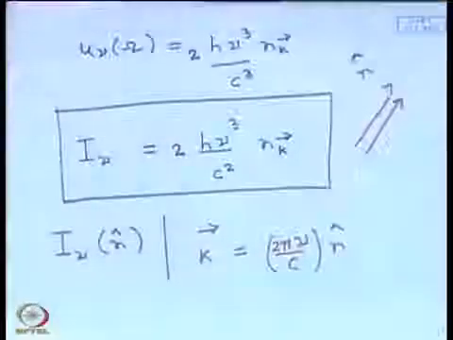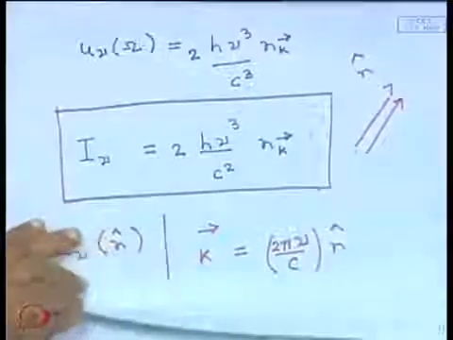Now, photons, we know there are two fundamental statistics. One is the Bose statistics, the other is the Fermi statistics. Now, what are photons? They have spin 1. So, they are bosons, right. So, photons follow the Bose statistics.